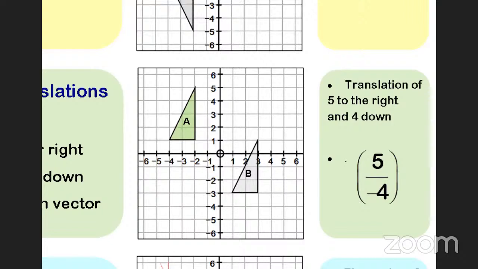It's moving to the right 5 and down 4. But you don't want to always have to check 5 to the right and 4 down. There must be an easier way. So here's what you do. Take the point.